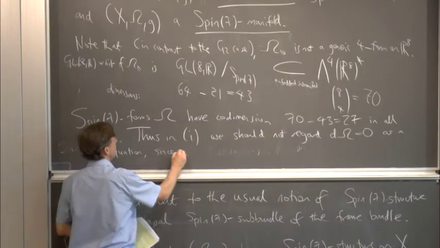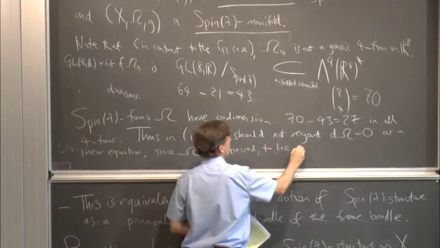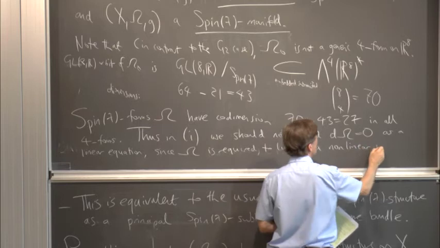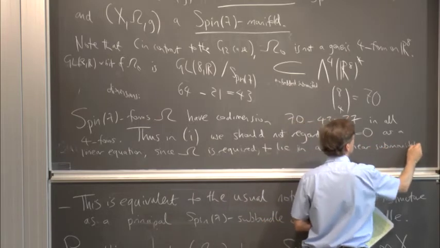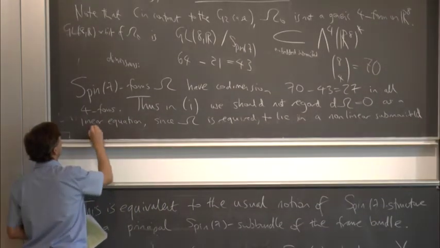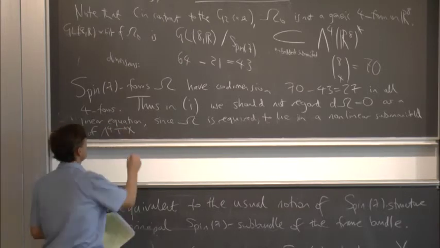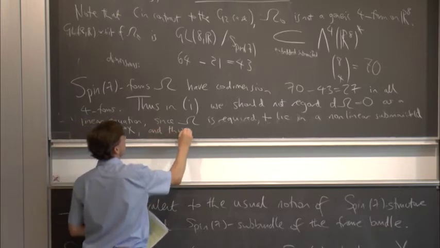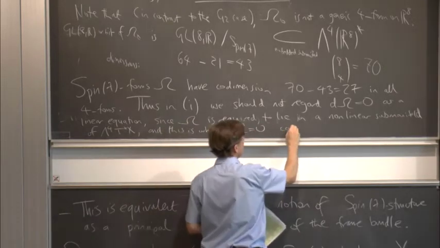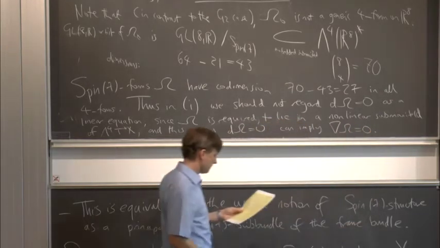Since Ω is required to lie in a nonlinear submanifold of the 4-forms Λ^4 T*X, this is why dΩ = 0 can imply ∇Ω = 0. Okay.